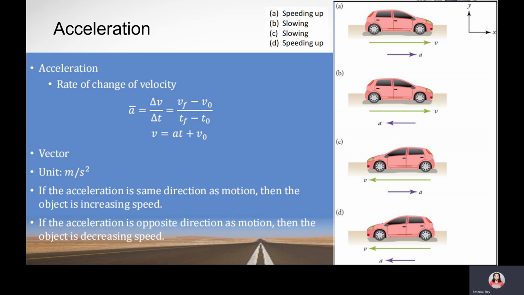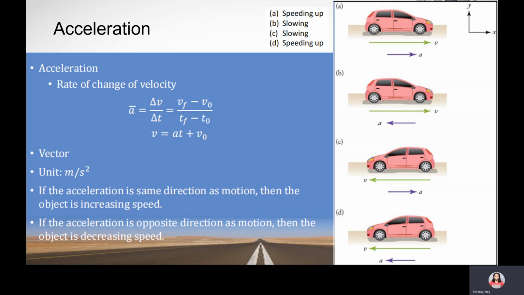And then if the acceleration is the same direction as the motion, then the object is increasing ang kanyang speed. If the acceleration is opposite direction sa motion, then the object is decreasing ang speed. So example nito, itong ating figure, okay?